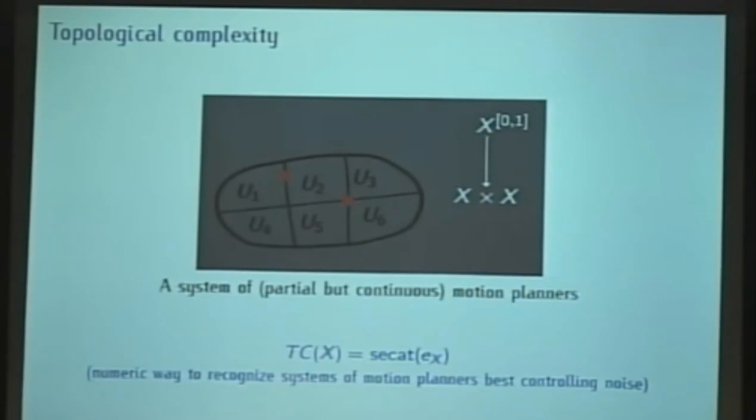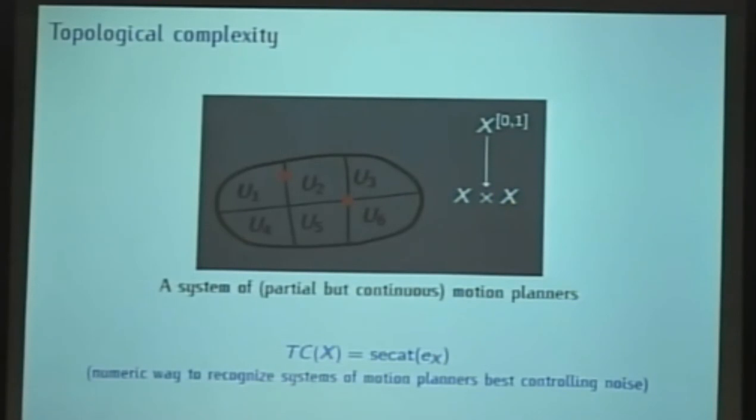So what this number, TCX, does for us is to give a way of recognizing motion planners, this information, these domains and the partial and the local liftings. Such information I will call a system of motion planners, the domains and the local sections.